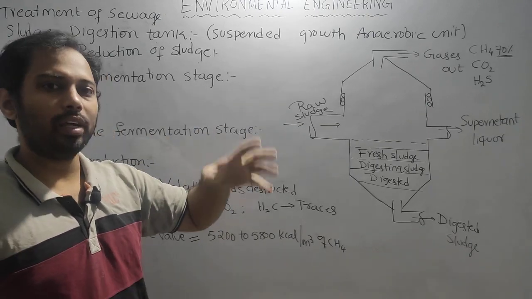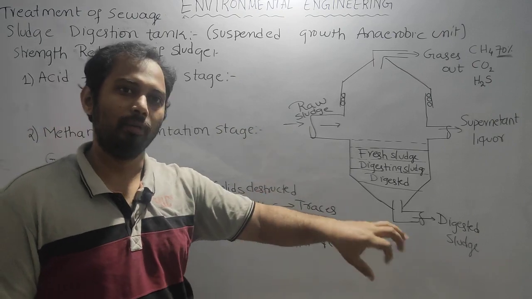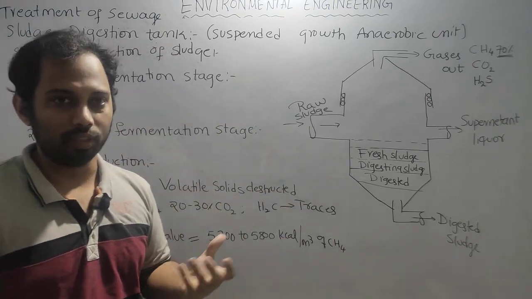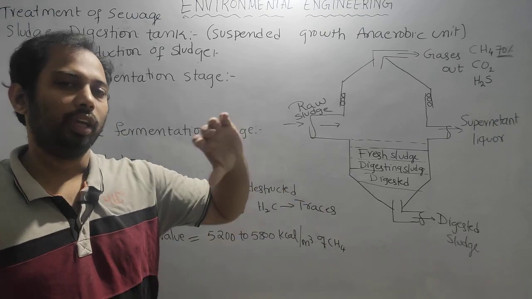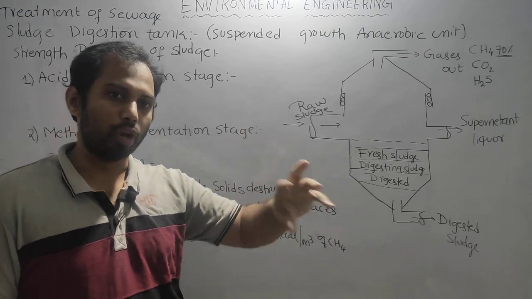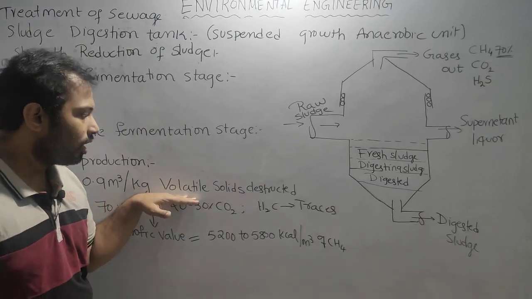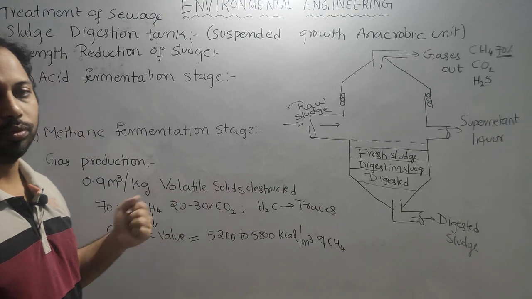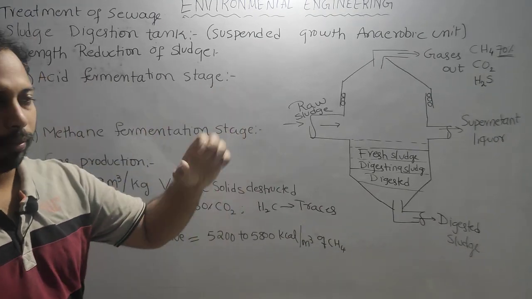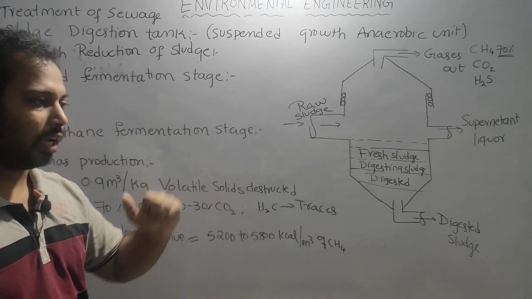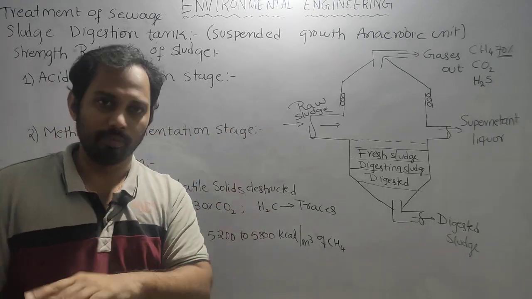So they will tell that in the influent these many solids are there, the solid removal efficiency of the primary sedimentation tank is this much, and of the secondary sedimentation tank is this much. In those solids, the volatile solids percentage is this much, because only from the volatile solids is the CH4 coming. So from the primary and secondary sedimentation tanks, how many solids are being removed, those solids will come here.